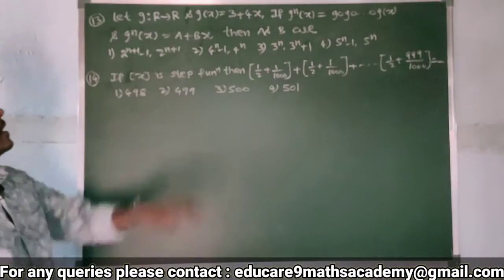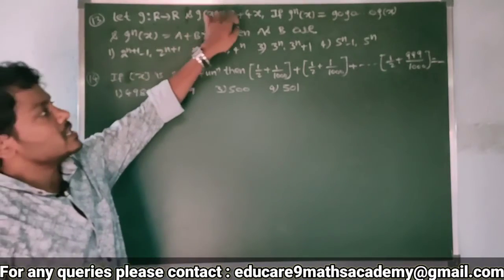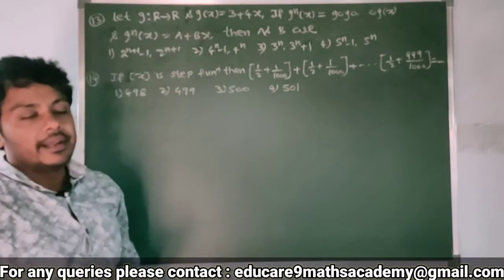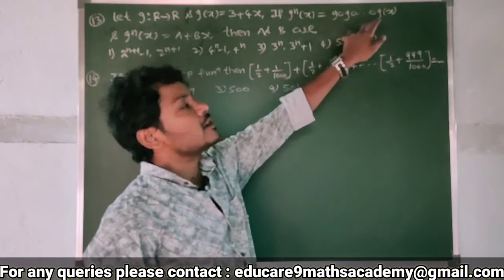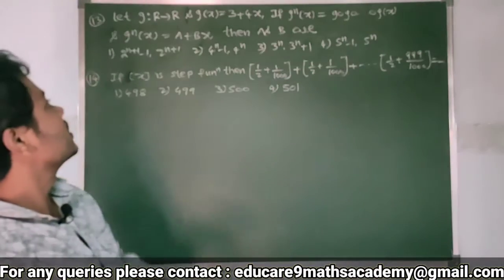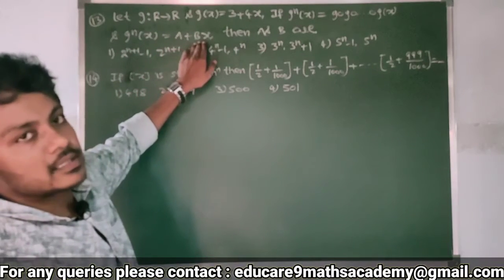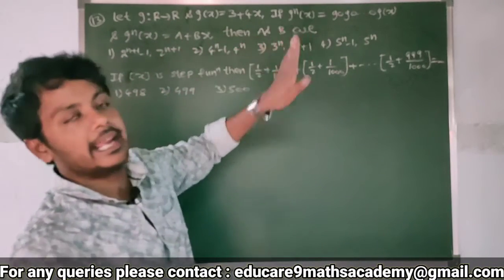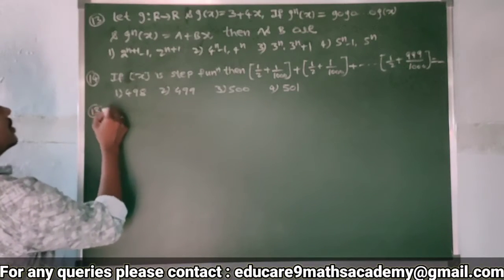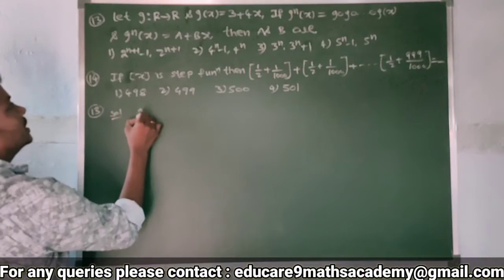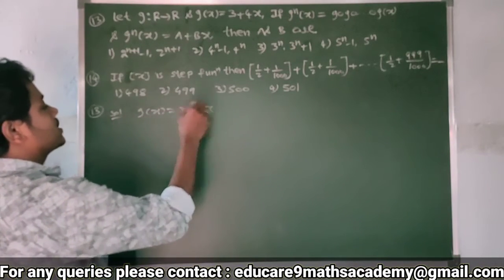Okay. g from R to R and g of x is 3 plus 4x and g power n of x is g circle g and so on, g of x. g power n of x is equal to a plus bx. Then you want to find what a and b are. Here solution, g of x is equal to 3 plus 4x.